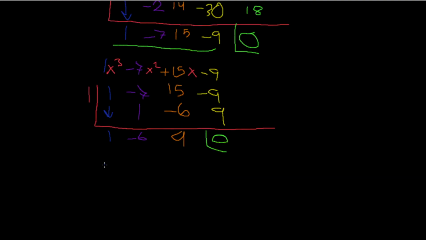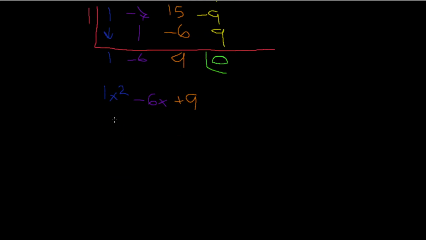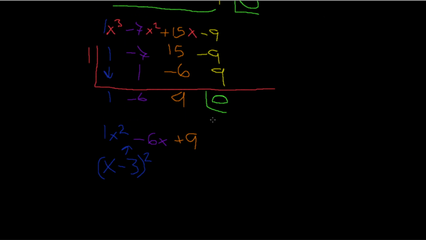So now we have 1x squared minus 6x plus 9. Now, this is actually a perfect square equation of x minus 3, so x minus 3 squared equals that.